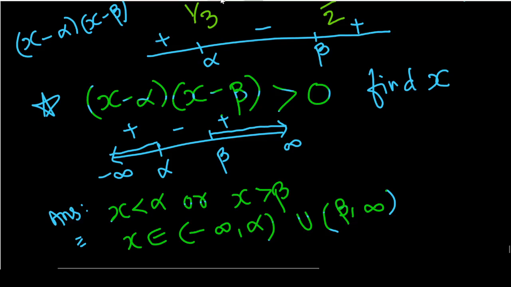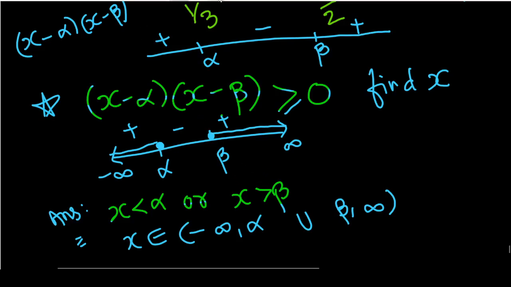Now if suppose they ask greater than or equal to, in that case which 2 points we will include in the solution set? Yes, beta we will include, alpha also, and in place of this square bracket, what will come, guys?